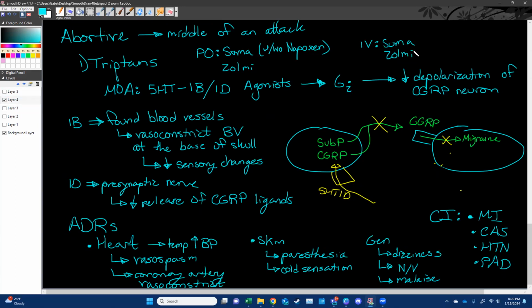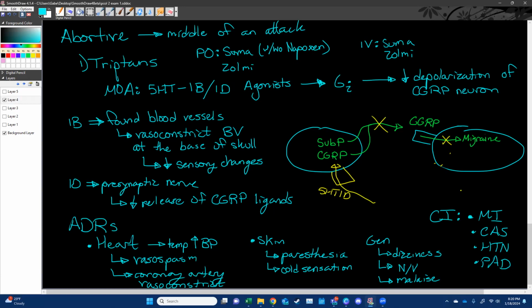I think these are the only ones that have IV/PO crossover. I think the other ones might, I can't remember off the top of my head.